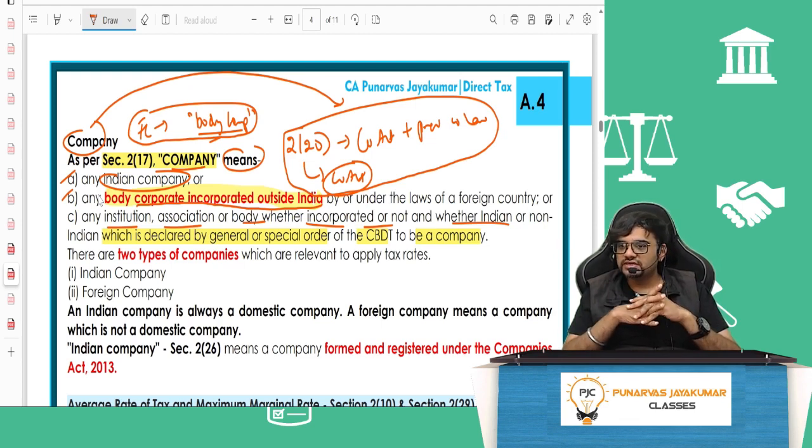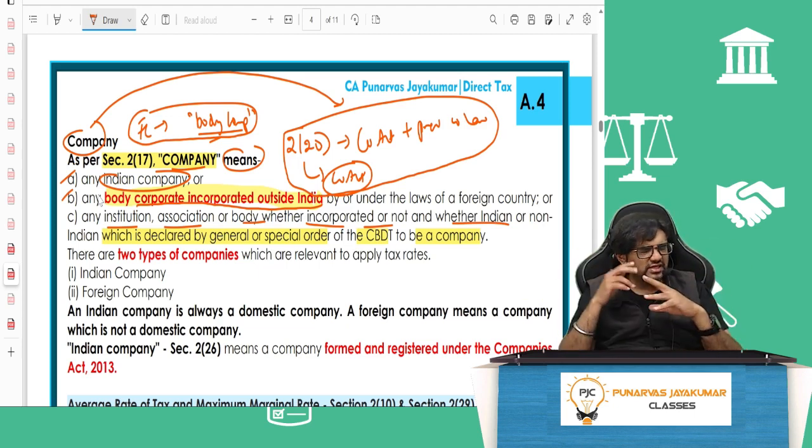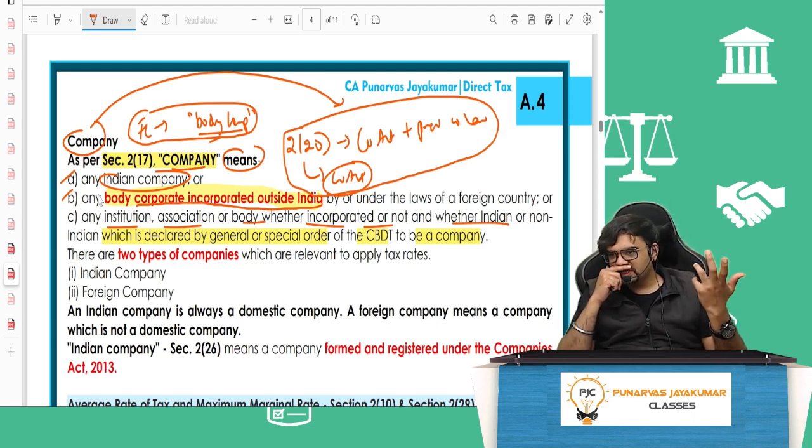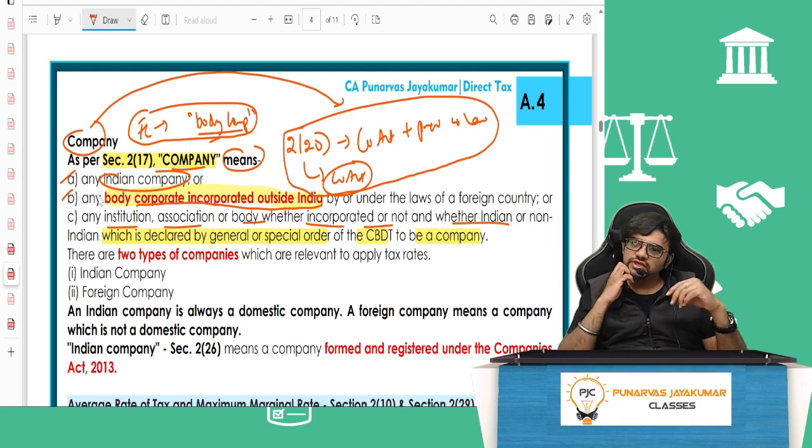Does it mean Tesla, who doesn't even have anything in India, let's say, Tesla doesn't have any relationship in India, only it has one company in Bangalore, which it launched, which is not operational. So should Tesla pay tax on the income that they are earning outside? No. Why? They are not earning anything in India.